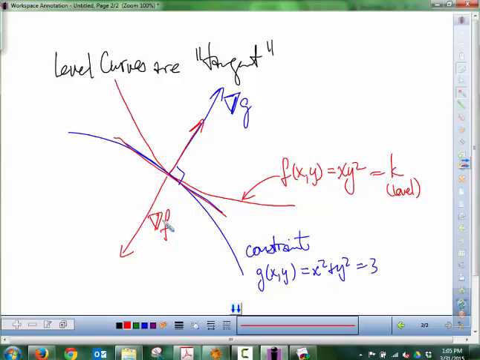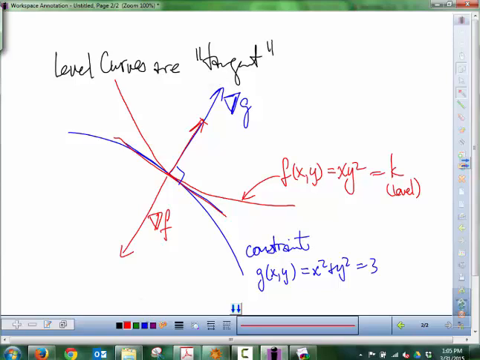So if they're pointing in the same direction or in an opposite direction, what can we say about the gradients? The lengths are not necessarily equal, because I purposely drew this red vector a little bit shorter than this blue vector. The direction is the same or opposite. What can we say about that?